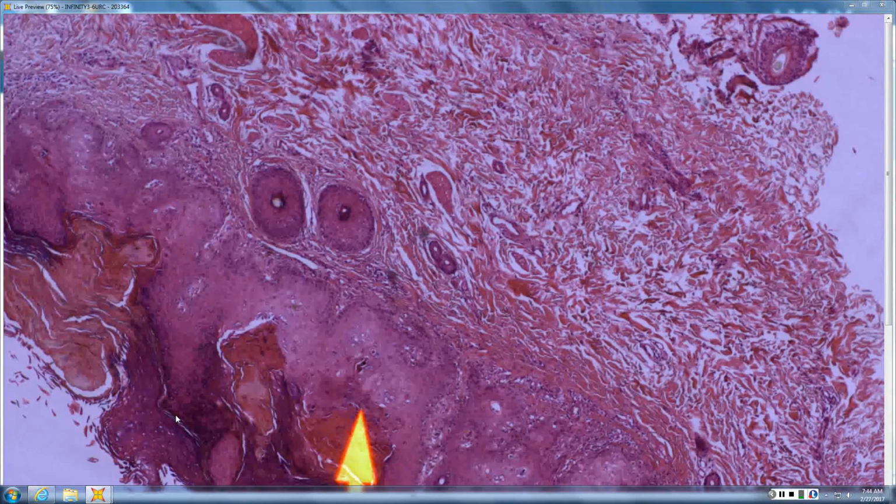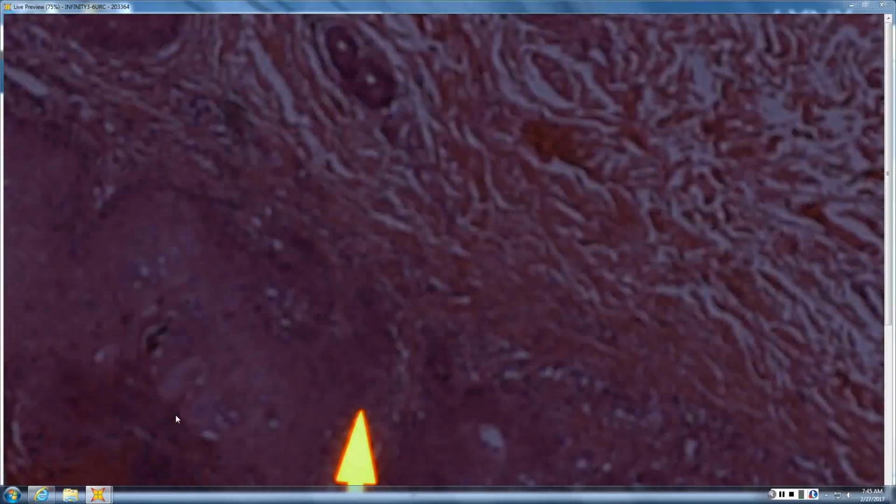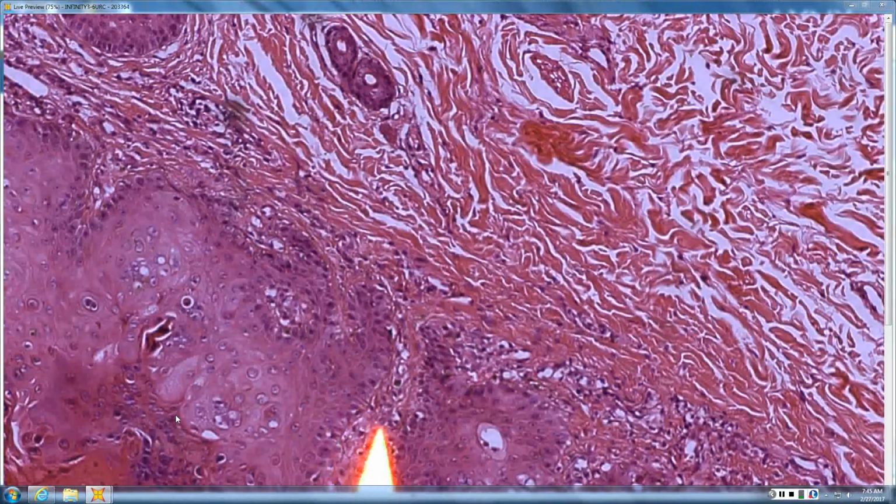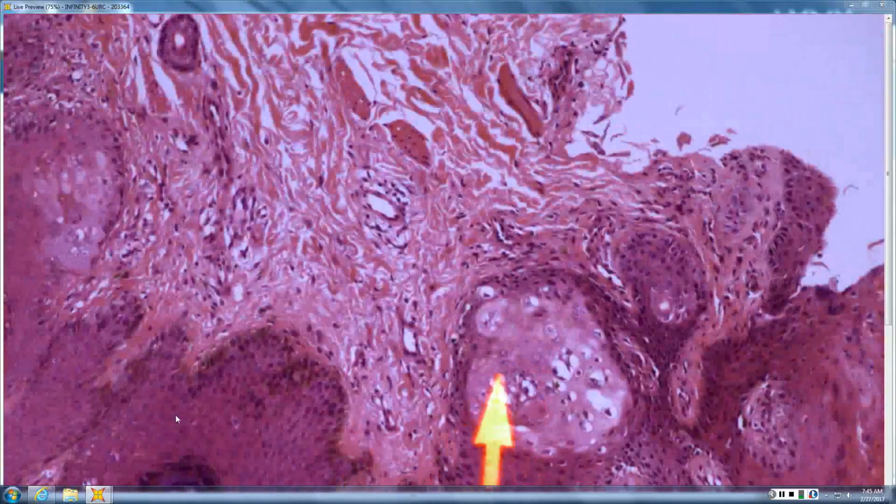They may be misdiagnosed as warts. The key is noting the multinucleation, nuclear molding, and margination of chromatin, so the 3 M's of a herpetic infection. Even when you look back at the verrucous areas, you can see the multinucleation and nuclear molding.